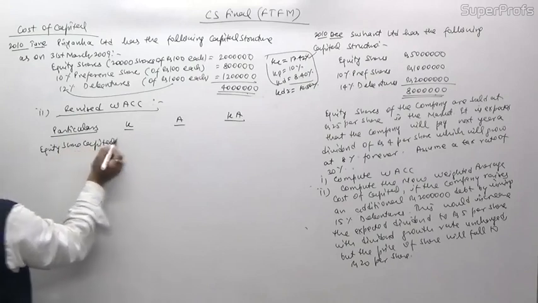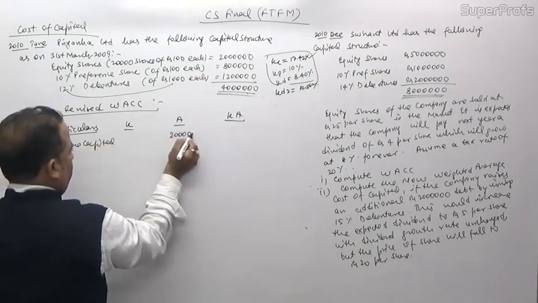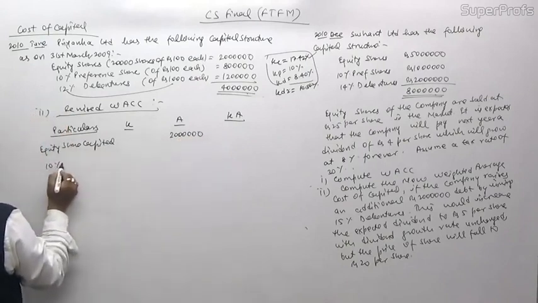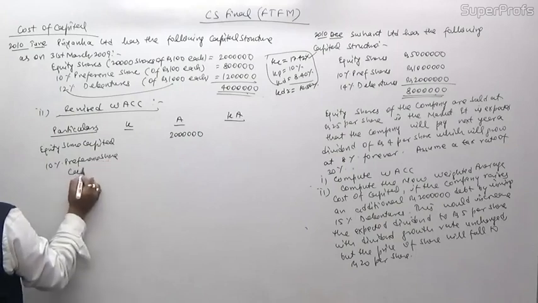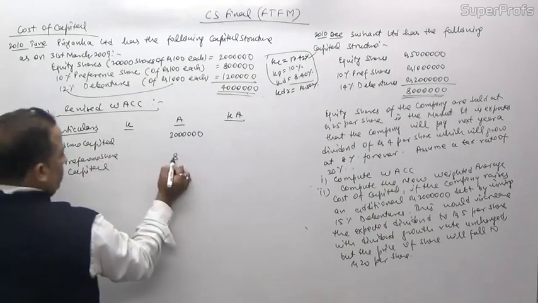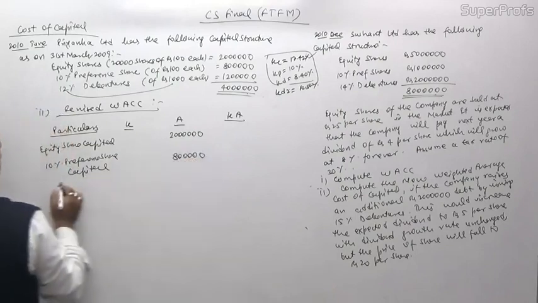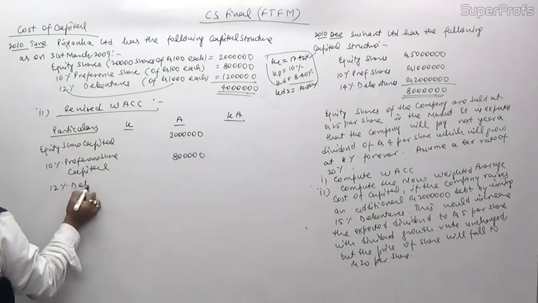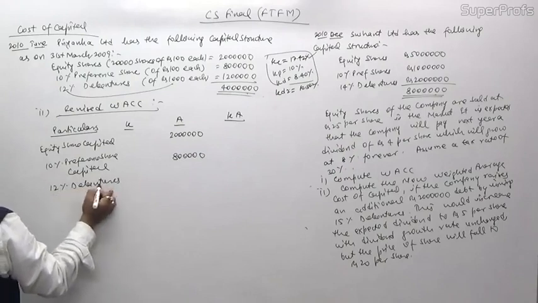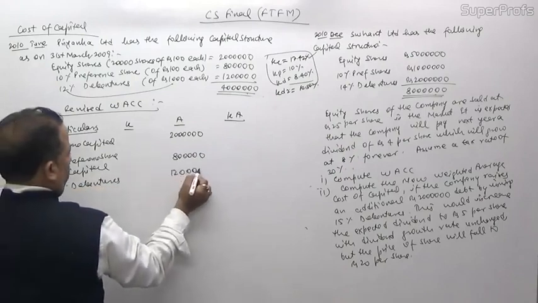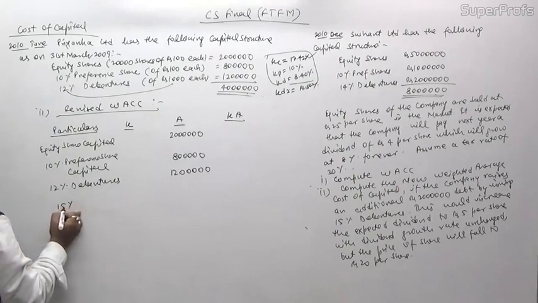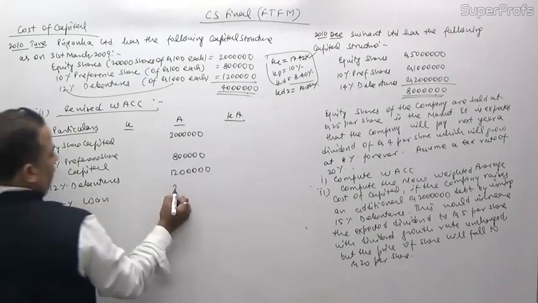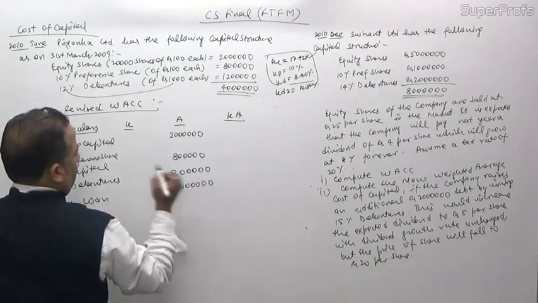The amount of equity share capital is rupees 20 lakh, 10% preference share capital 8 lakh rupees, 12% debentures of rupees 12 lakh and 15% loan of rupees 20 lakh.